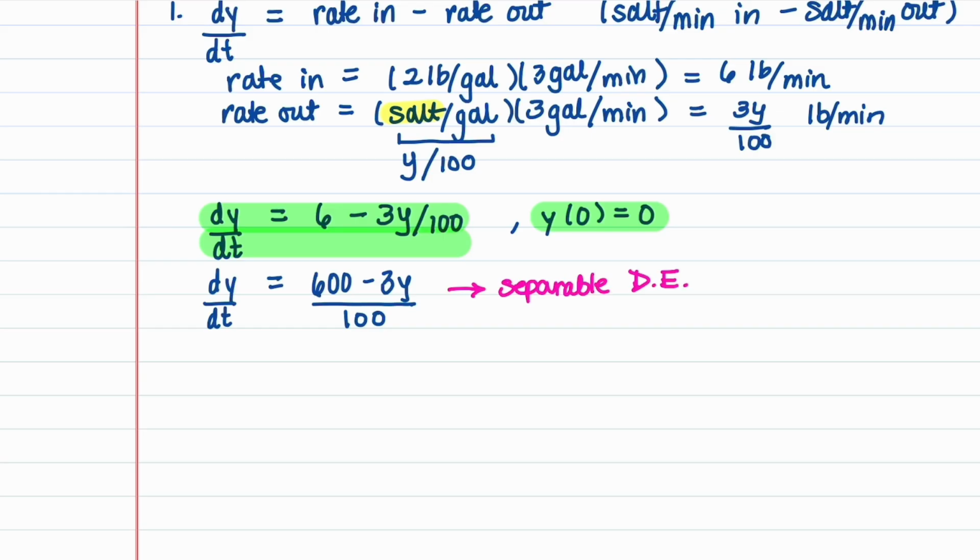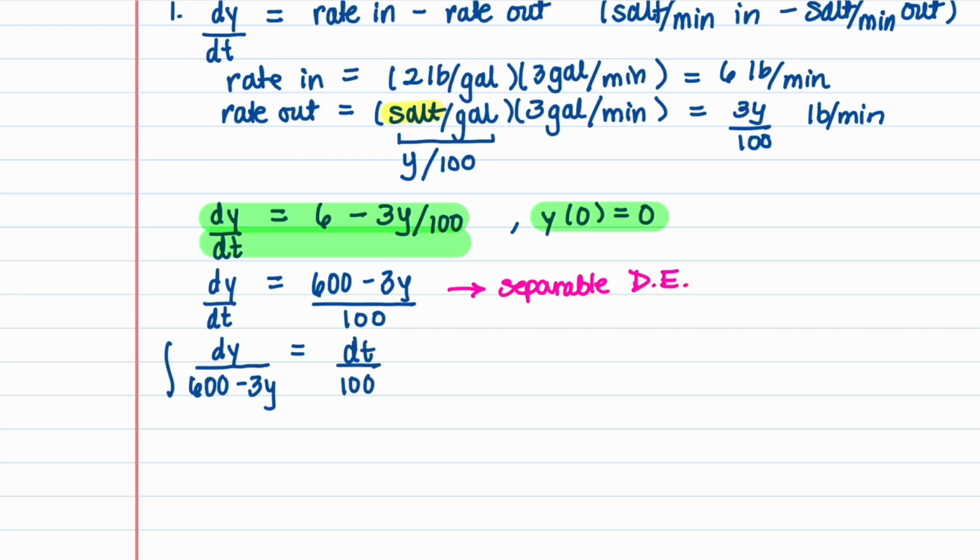So let's go ahead and move all the y's to the left and the t to the right. This gives us dy all divided by 600 minus 3y is equal to dt divided by 100.